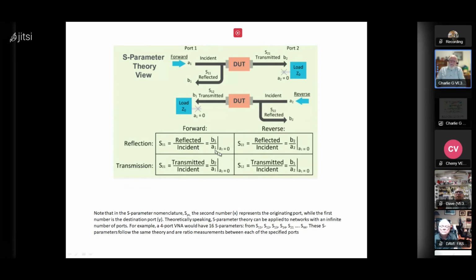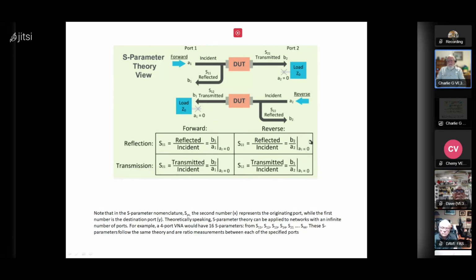This, on the other side here, this condition of A2 equals 0, it really is just saying that port 2 isn't transmitting anything towards the device under test, because in a reverse measurement, you could transmit from port 2, look at what's reflected from port 2, and in which case you would not be transmitting anything into port 1.